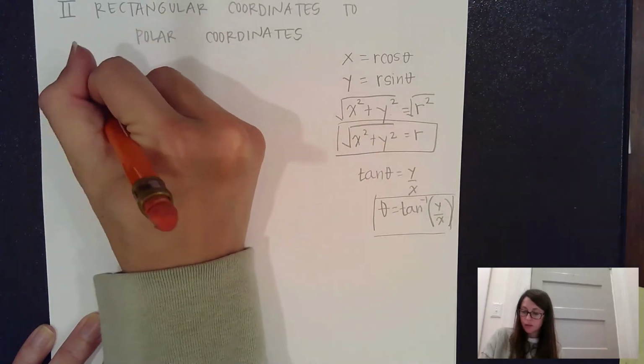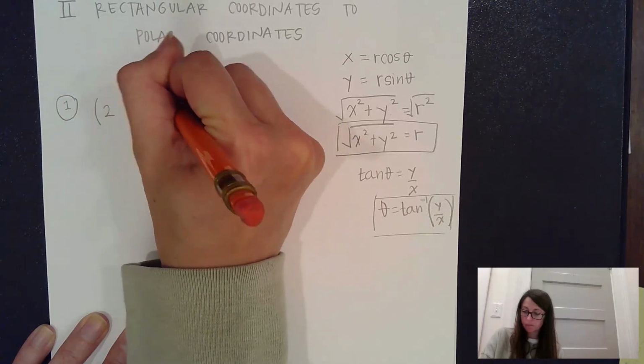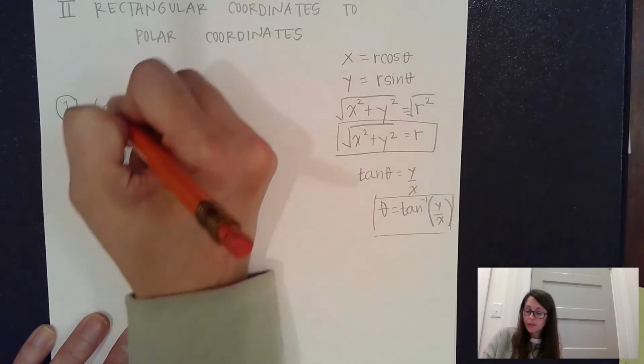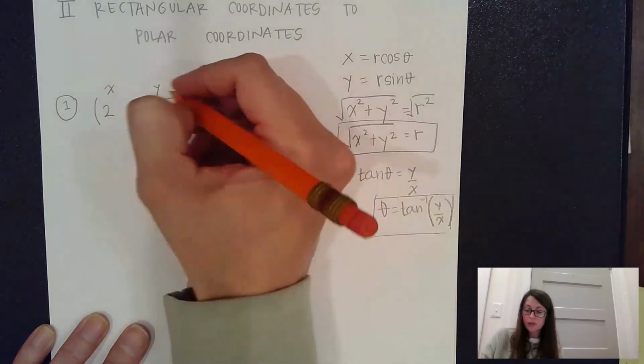Alright, so let's do this value, 2 and 2 square roots of 3. All right, so this is x and a y here. So this is in what quadrant?